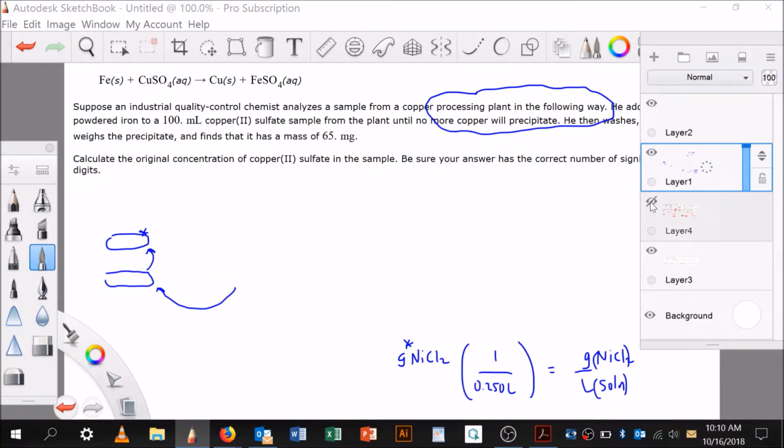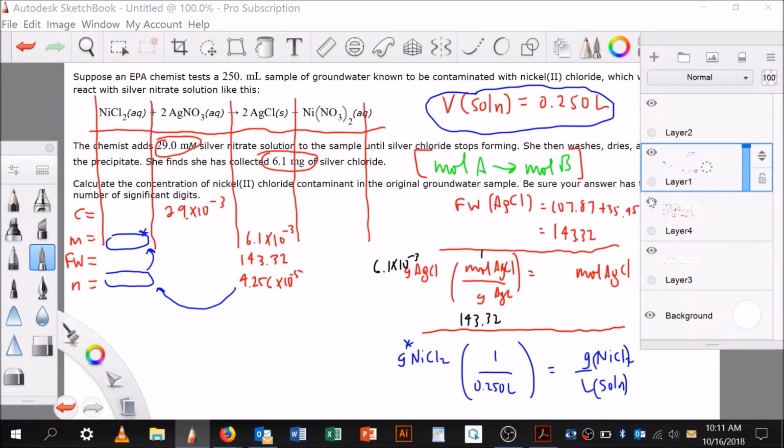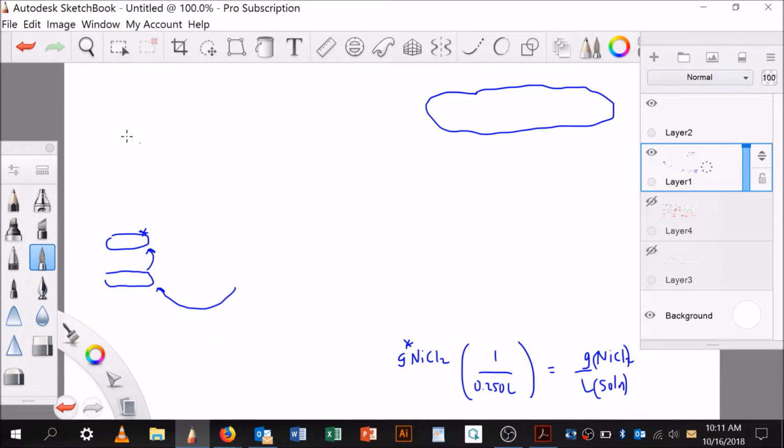So that's not what I want to do. I want to get rid of that. I want to take my moles of silver chloride and convert this to moles of nickel 2 chloride.